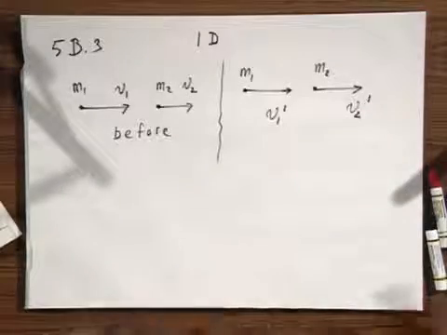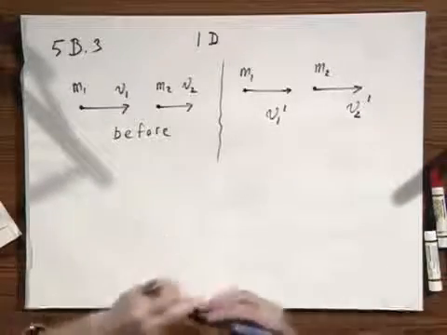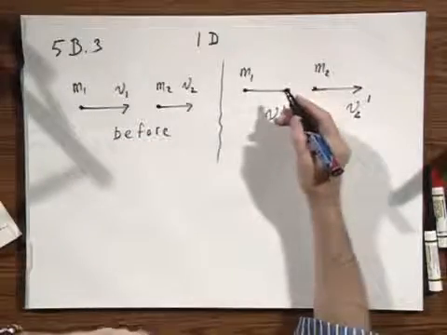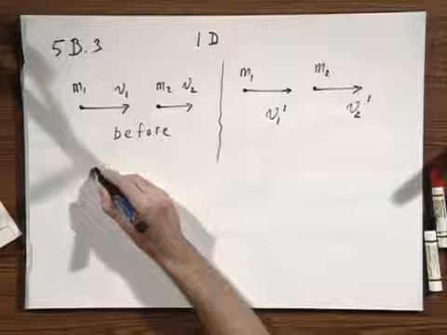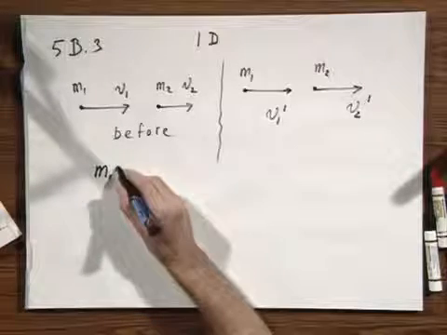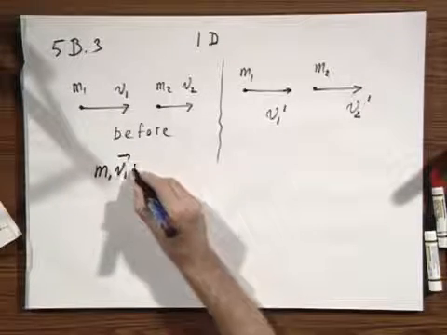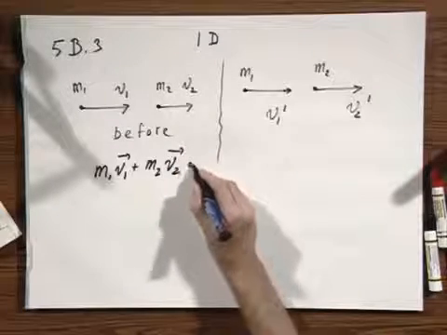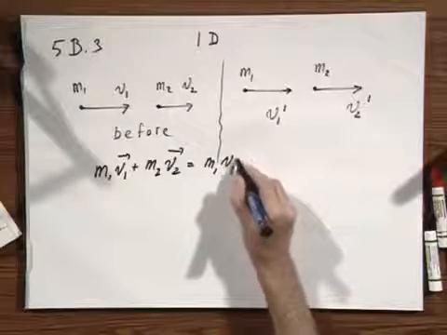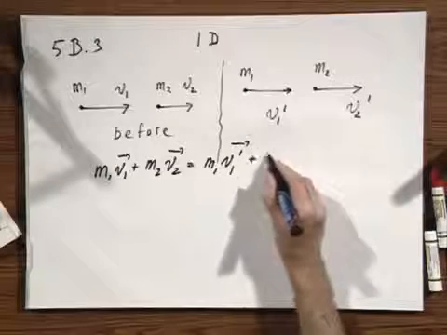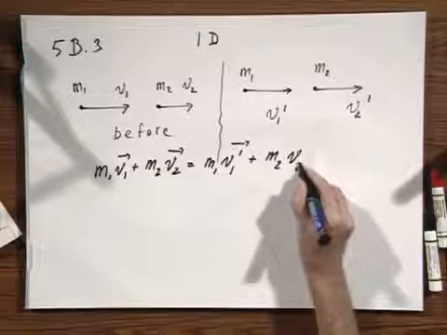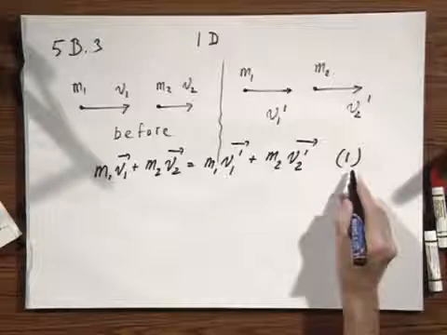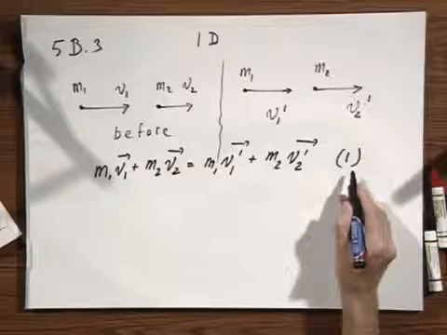All right, if there is no external force on the system, only internal, momentum is conserved. So the conservation of momentum: m1 v1 plus m2 v2 equals m1 v1 prime plus m2 v2 prime. That is equation number 1, conservation of momentum.